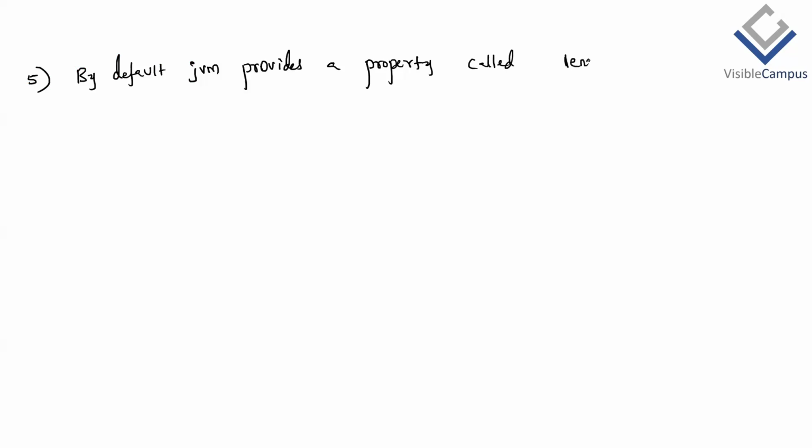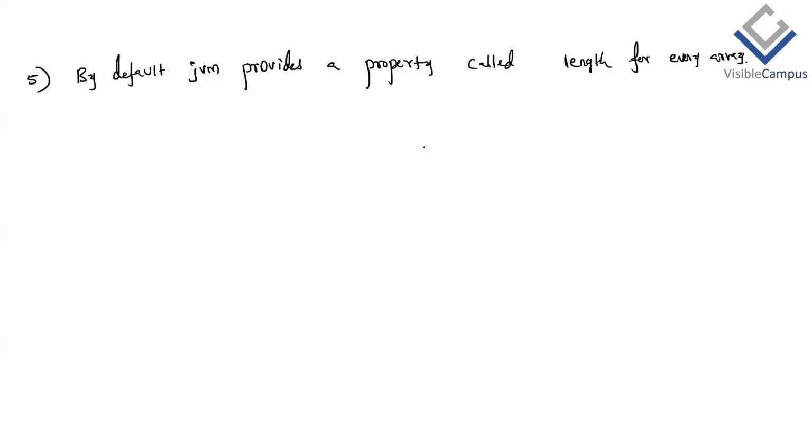5th property. By default, JVM provides a property called length for every array.